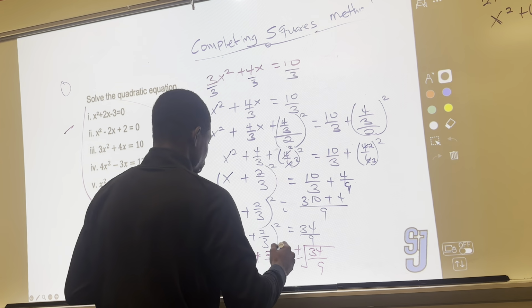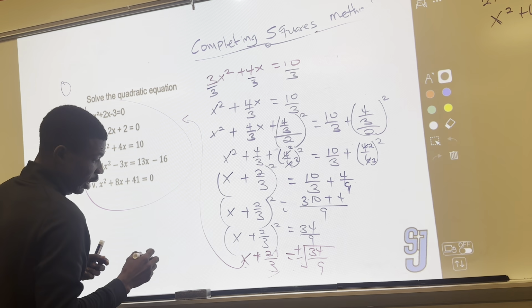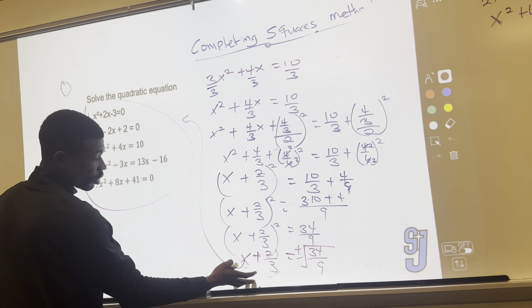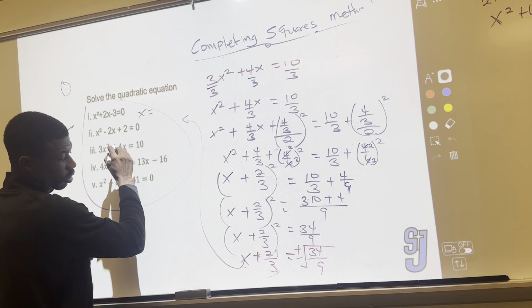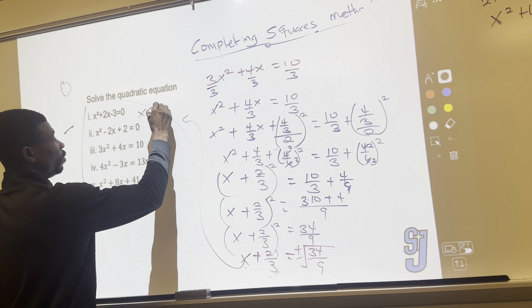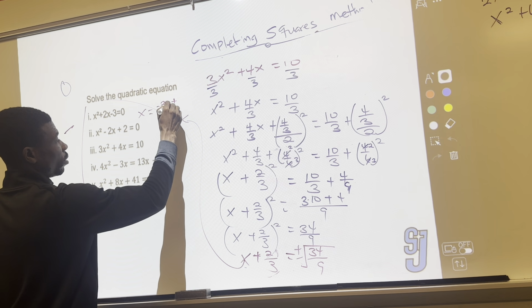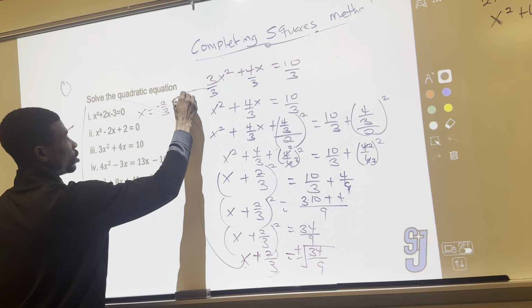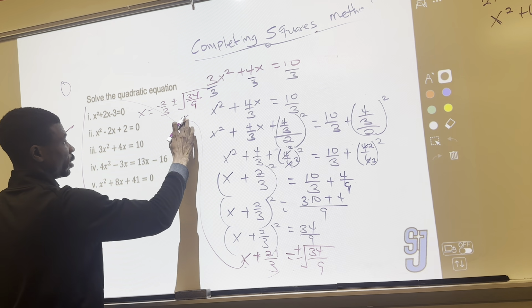So if I'm solving for this, then I have two parts of the equation. So the first part says my x equals negative 2 over 3 plus or minus the square root of 34 over 9.